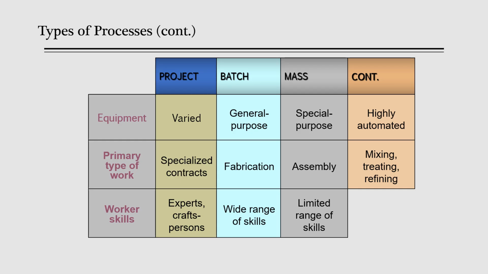But at the top level, special, unique skilled labor may be needed. Therefore, a limited range of skills is needed in the mass production. Since we are going to use AI robotics in the continuous production, we need workers just to monitor the equipment.